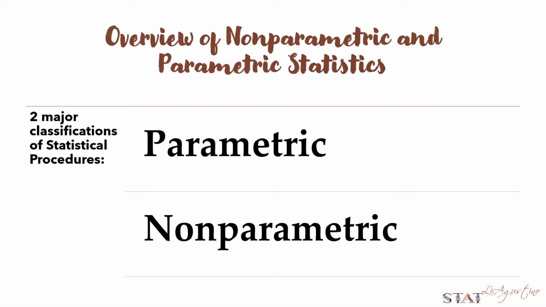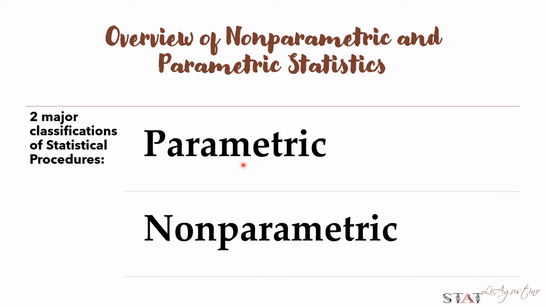And then we have the overview of non-parametric and parametric statistics. We have these two major classifications of statistical procedures, parametric and non-parametric. As we know, specific statistical tests are available within each category to perform various analyses. However, data for each category should meet unique requirements prior to analysis.